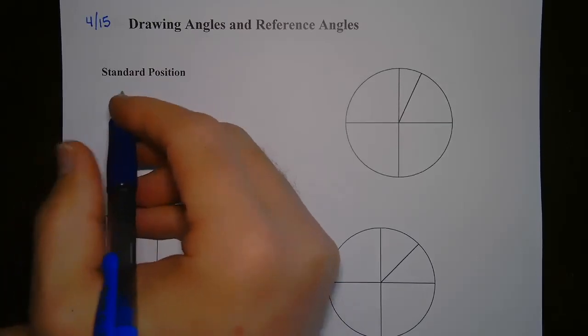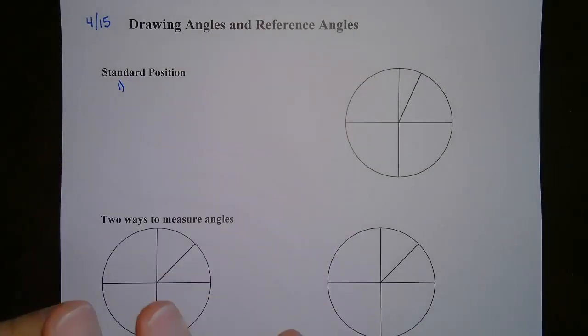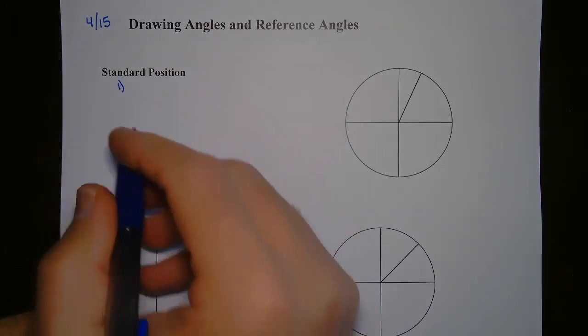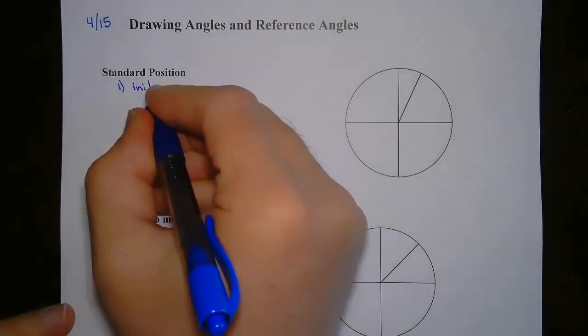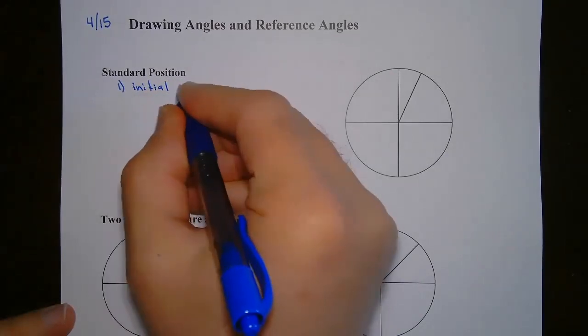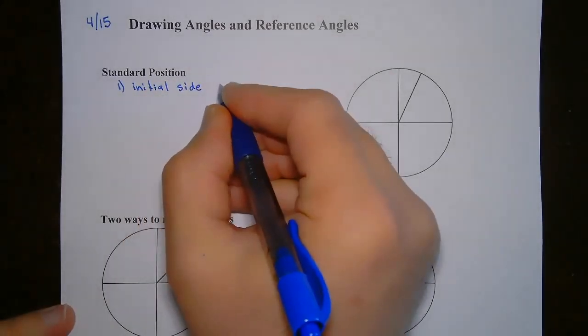One is the initial side is on the positive x-axis. That's one of the sides, and we're always going to start on the positive x-axis.